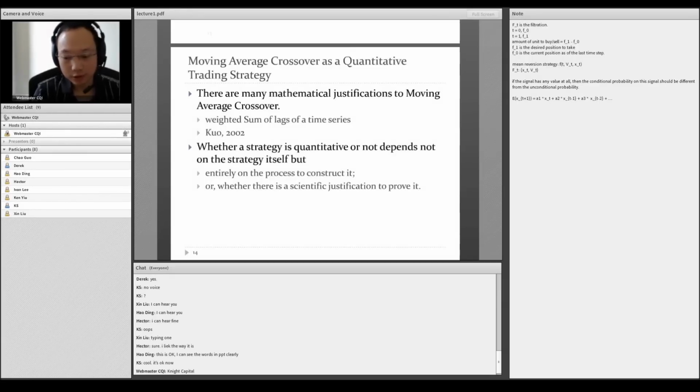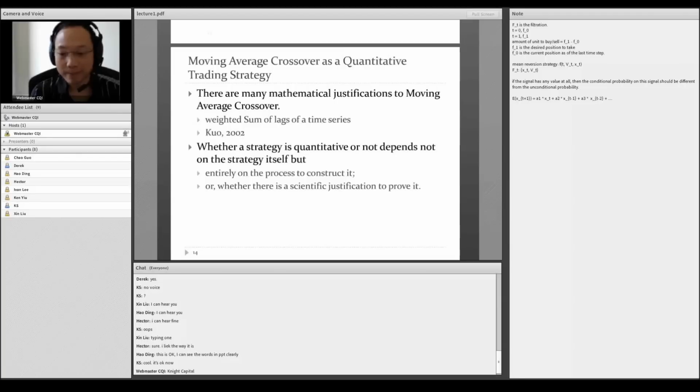The take-home message is that whether a moving average crossover strategy is a quantitative trading strategy or not depends entirely on the process used to construct it, or alternatively, on whether there's a scientific justification to prove it. From the technical analysis perspective, there's no justification to prove it. But from the perspective of time series or the 2002 paper, there is justification to prove the moving average crossover strategies.